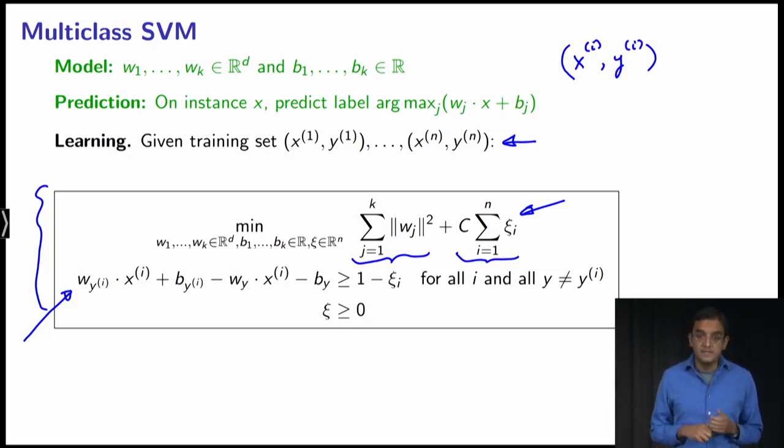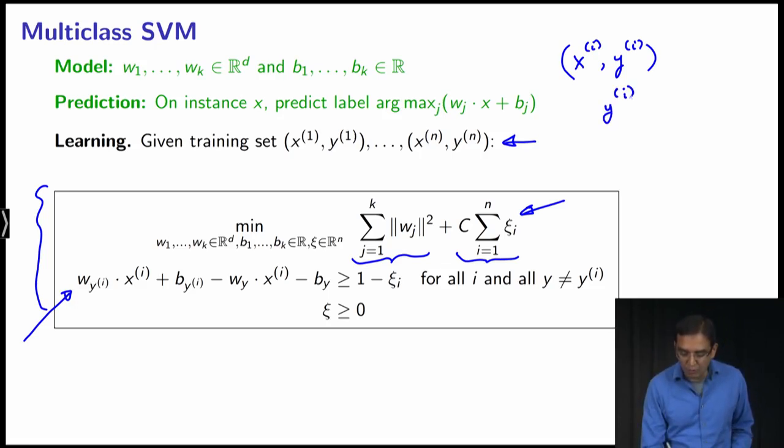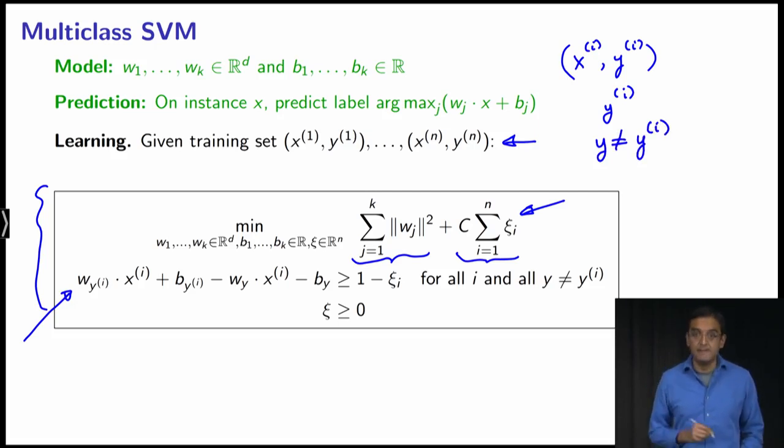In order for this point to be correctly classified, we need the linear function for the correct label to beat out the linear function for any of the incorrect labels. Okay? So the linear function for y sub i has to be greater than the linear function for the k minus 1 other labels, the y's that are not equal to y sub i.